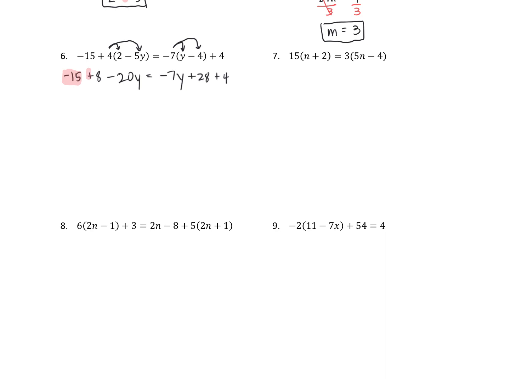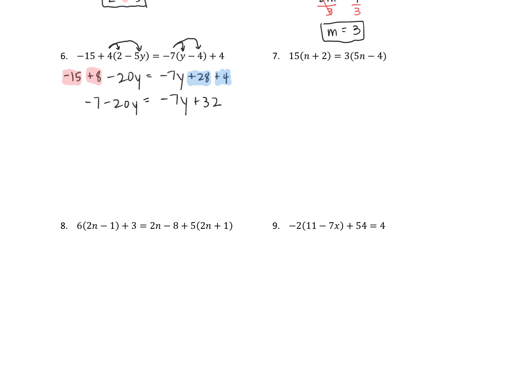So on the left-hand side, we have a negative 15 and a positive 8. So if we combine those together, we will get negative 7 minus 20y. And on the right-hand side, we have a 28 and a 4. Those are like terms, so we could combine those together, and we would get negative 7y plus 32.